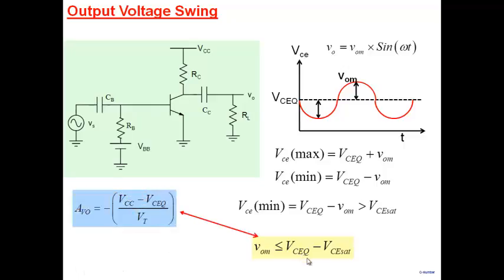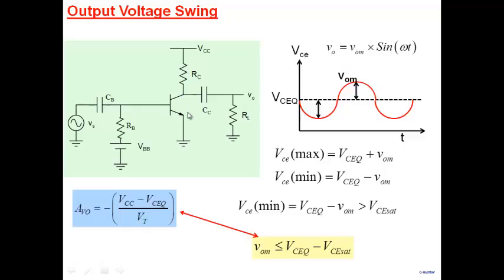Also note, in the last lecture we had written this expression for gain. One of the expressions for open circuit voltage gain is VCC minus VCEQ by VT. Now you can clearly see a trade-off between the voltage gain and V0M. If you want a high voltage gain, you would like to push VCQ to as low a value as possible.